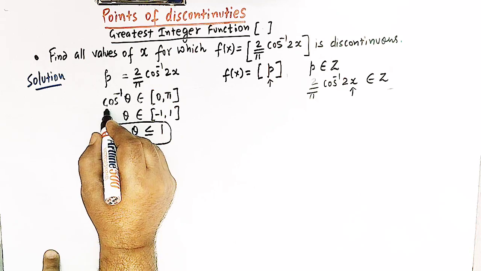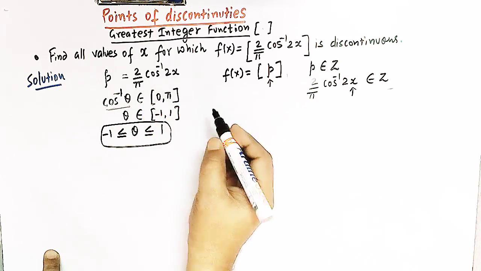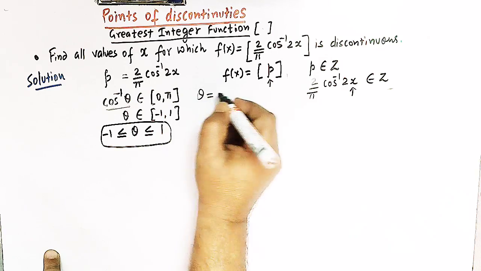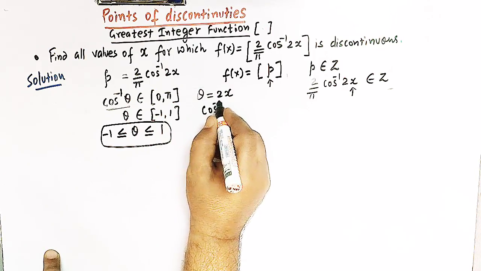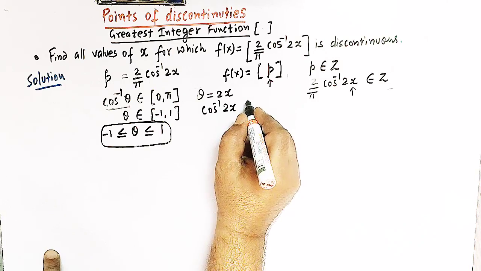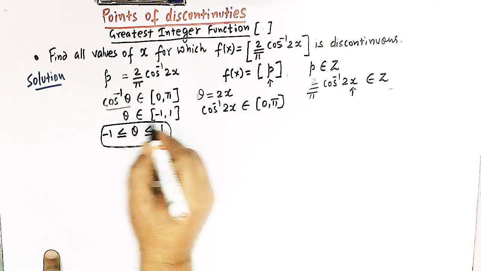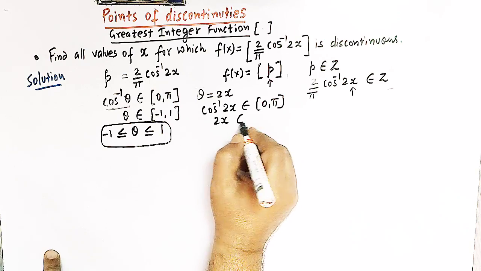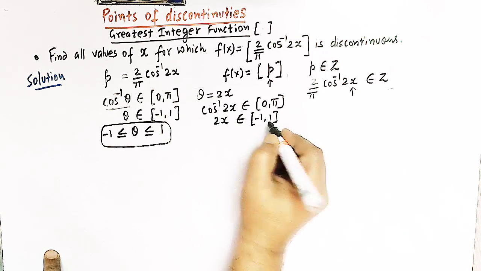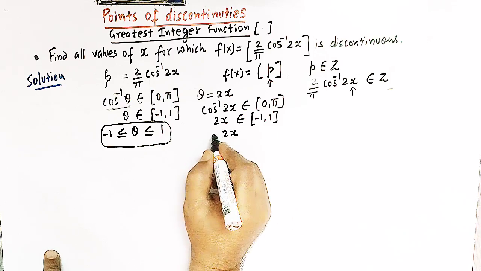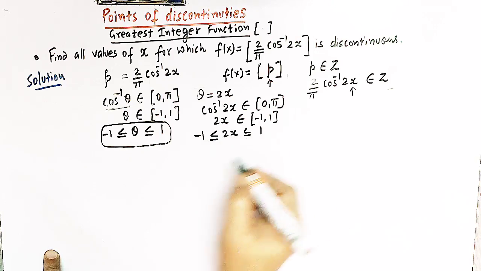Now if we compare cos inverse theta with cos inverse 2x, then the value of theta is 2x, right? So cos inverse 2x belongs to the interval 0 to pi whenever 2x belongs to the interval minus 1 to 1, that is 2x is greater than or equal to minus 1 but less than or equal to 1.